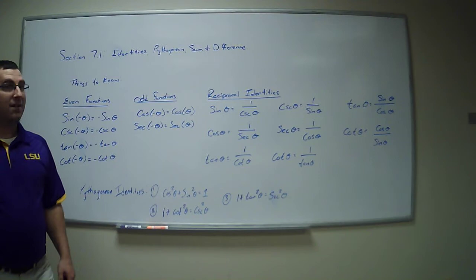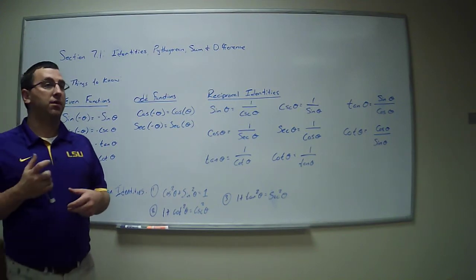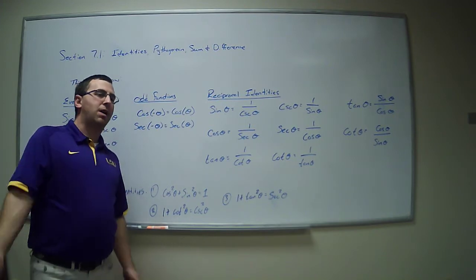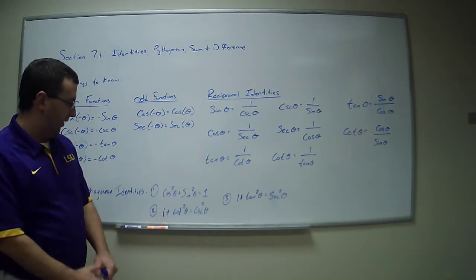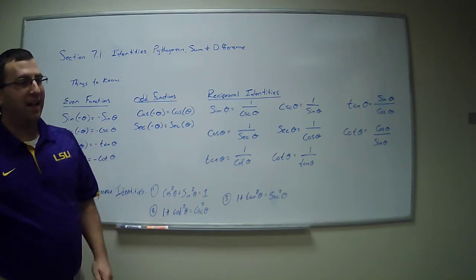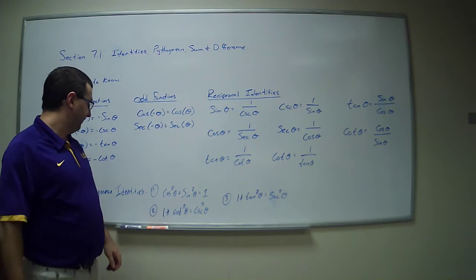Okay? That is the foundation of the unit circle. If you're ever curious about the theory behind it, let me know. I would be more than happy to describe it to you. I might put you to sleep, but I promise you there is a long and drawn out theory behind it.